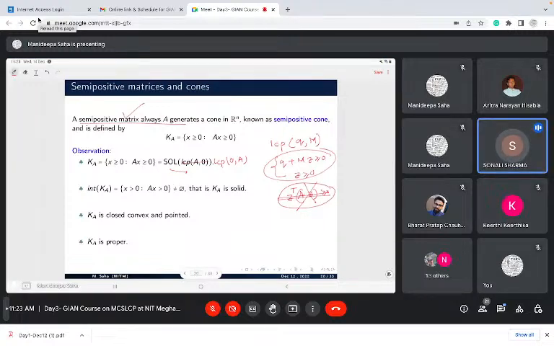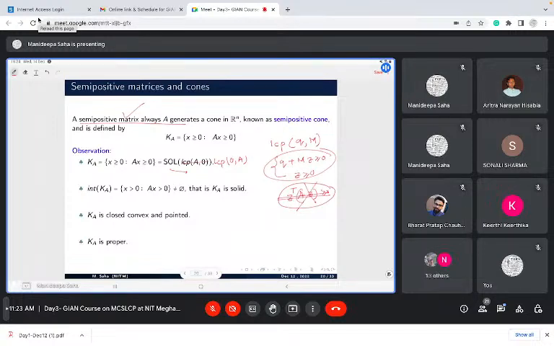Similar to how semi-positive matrices generate a cone, can we say that P matrices, or the semi-monotone and strictly semi-monotone matrices, also generate a cone? Or can we say anything about those matrices? No, I haven't heard about that. The only concern is how we are going to relate that.